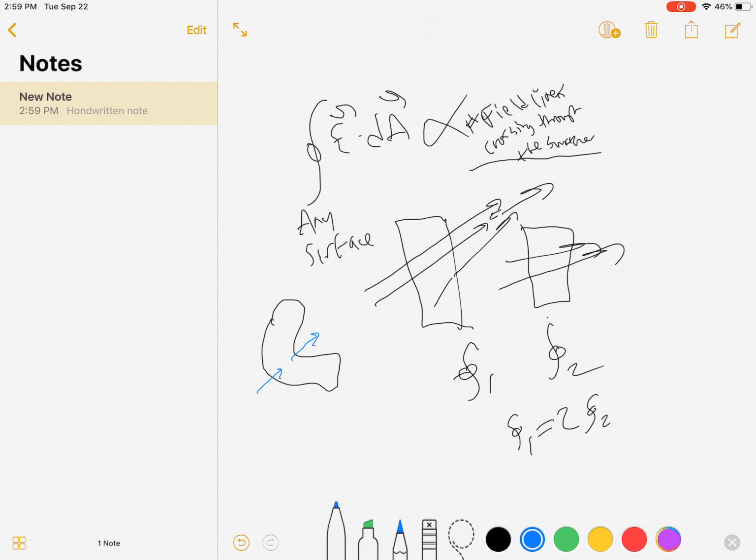When you're taking this integral of E dot dA over a bunch of lines that cross through both times, here the surface normal is going to be this way, and here the surface normal is going to be this way. So here the dot product is going to be negative, here the dot product is going to be positive.